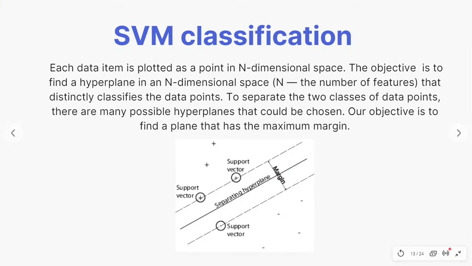Thank you, Monse. Well, the next classification algorithm is support vector machines. Support vector machines are a set of supervised learning methods used for classification, regression, and outlier detection. So the objective is to find a hyperplane in an n-dimensional space, where the letter n is the number of features, that distinctly classifies the data points.